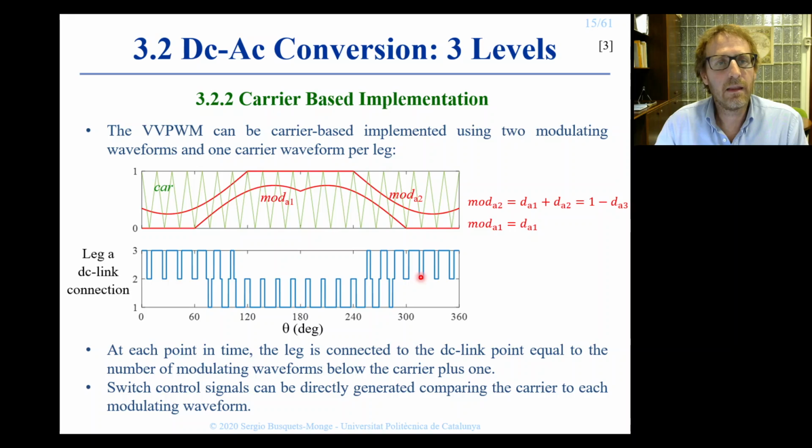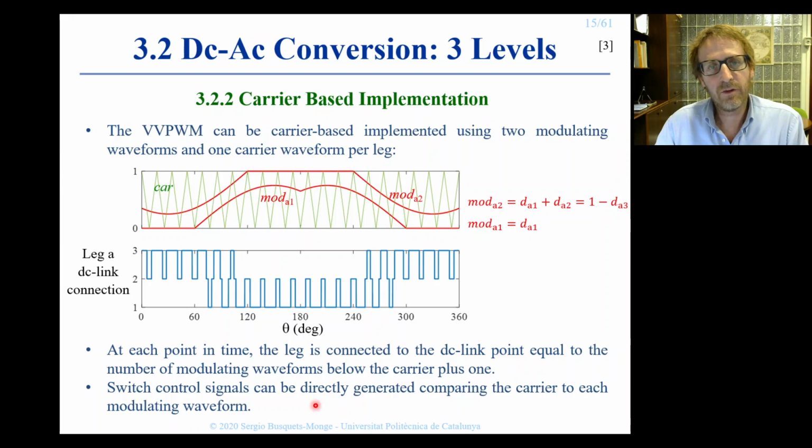Then the rule to define the modulation strategy based on this carrier and modulating waveforms is the following. Whenever the carrier is below both modulating waveforms, like here, we will be connecting to point 1. Whenever the carrier is between the two modulating waveforms, we will be connecting to point 2. And whenever the carrier is above the two modulating waveforms, we will be connecting to point 3.